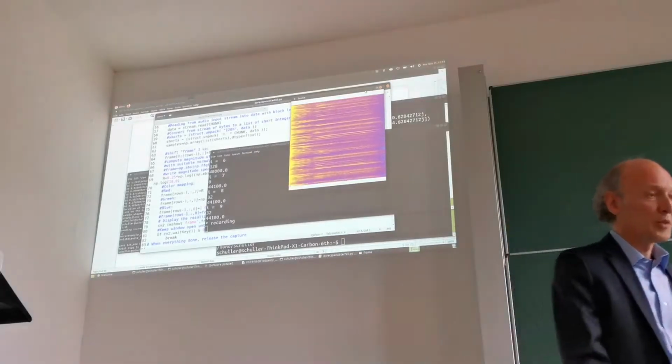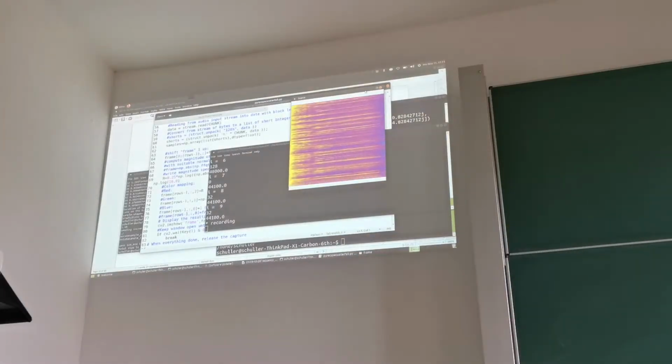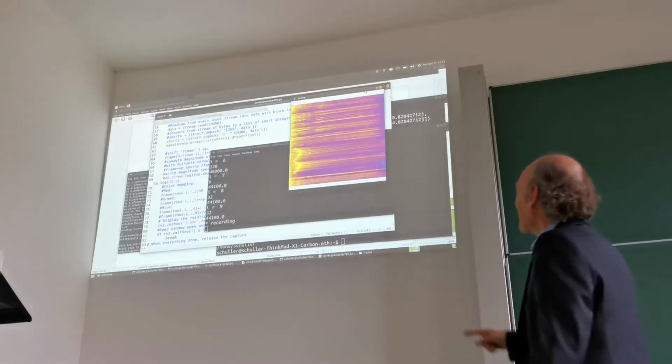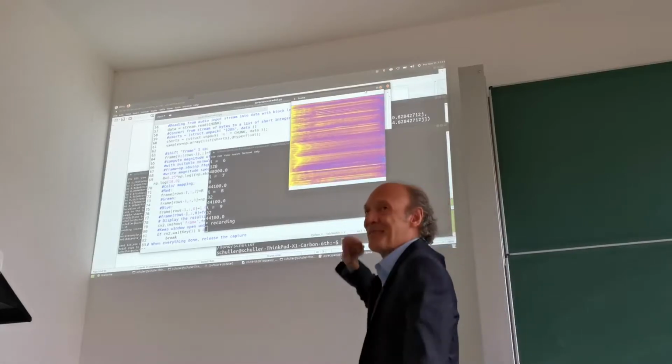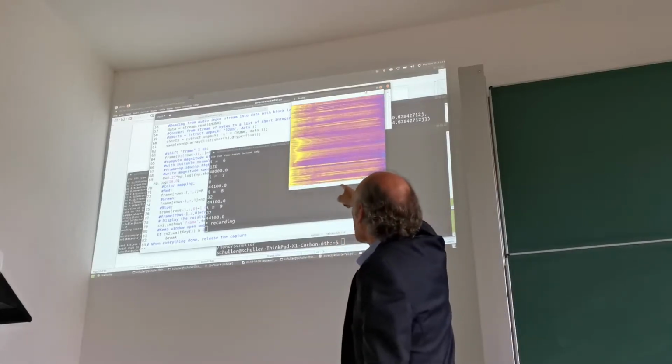So now I can whistle again. Nice, no? Here you can see this wavy line, and you can also see the first harmonic.